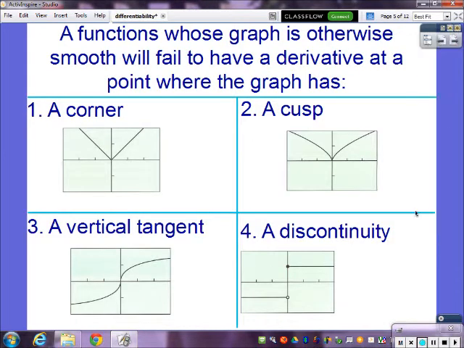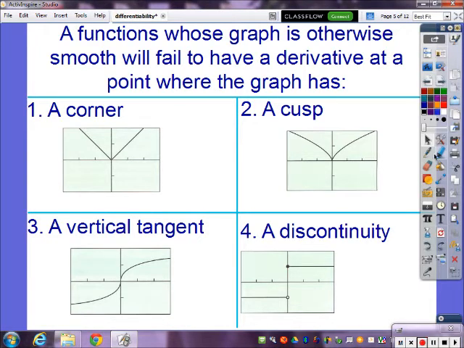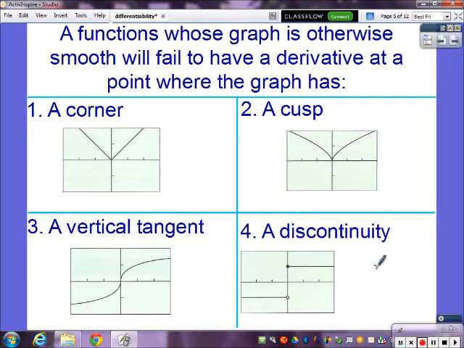So let's look at that in more detail here in our number 4 scenario. So our c value is where we're thinking it's not differentiable. So we would say the limit as x approaches 0 from the left of f of x minus f of 0, our c value, over x minus our c value, which is 0.